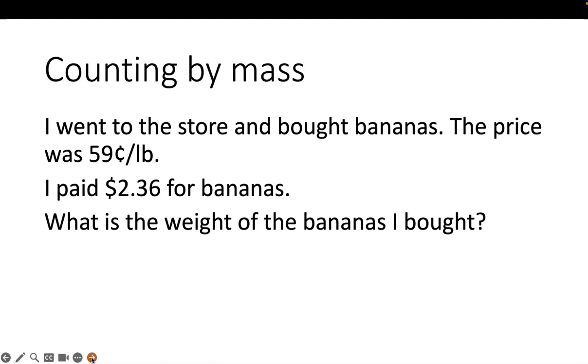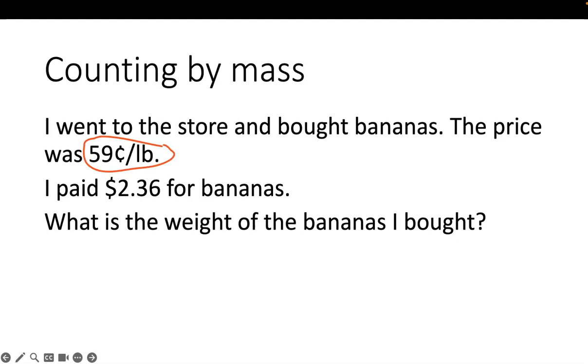Bananas are similar. They'll probably weigh roughly the same amount. They're similar sizes, but they're not exactly the same. So how could I figure this out? What's the weight of the bananas that I bought? Well, what I would do here is I would use a conversion factor.